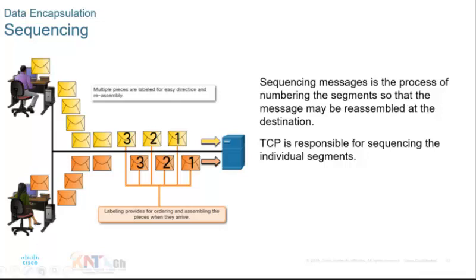Sequencing is giving numbers to determine which one appears first and which one will be received first. And so when the data reaches its destination, they have to be reassembled according to the sequence numbers that have been given to them. So the labeling provides for ordering and assembling the pieces when they arrive.